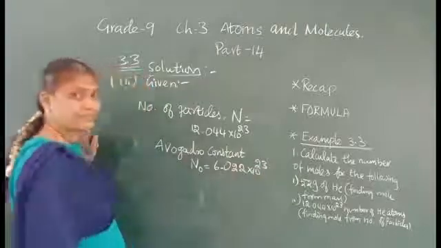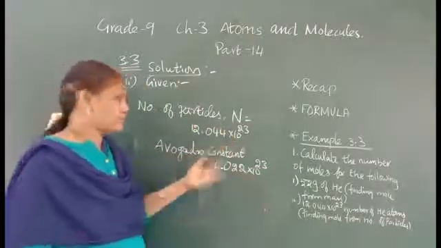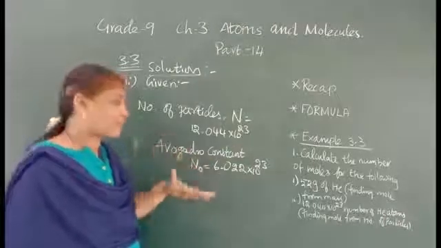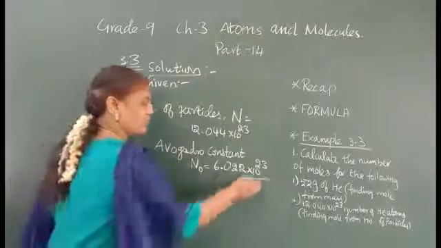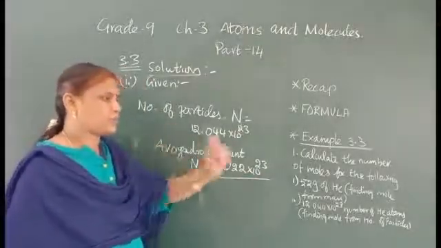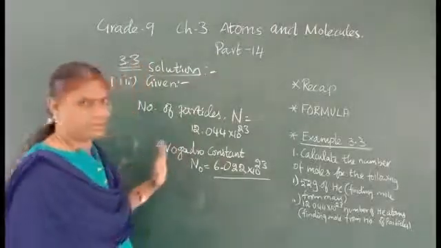Am I right? Yes, you have seen the formula now. This is the given number of particles. Always a substance, okay, it may be an atom or a molecule, it will always have this constant number of atoms. Okay, these many atoms will be present in 1 mole of helium atom. So we know N and N naught is given.